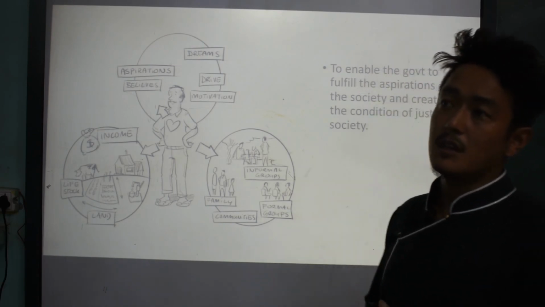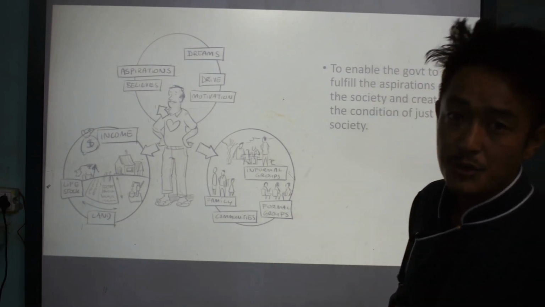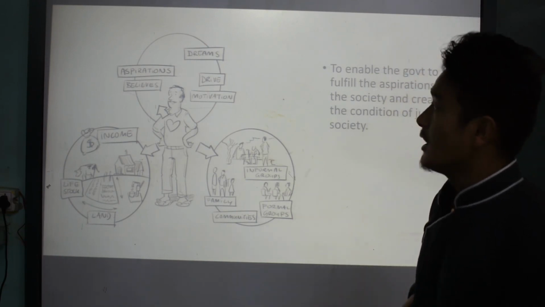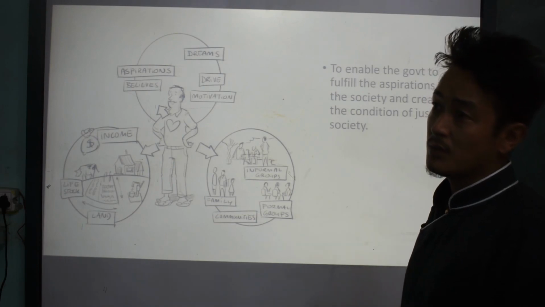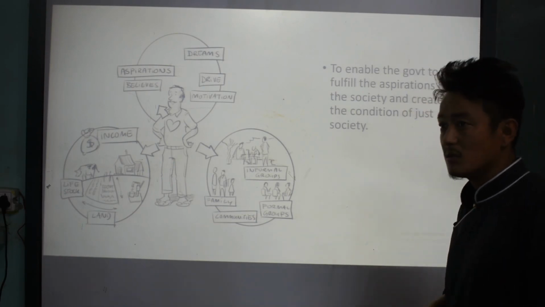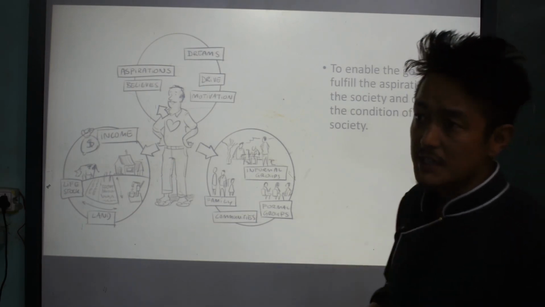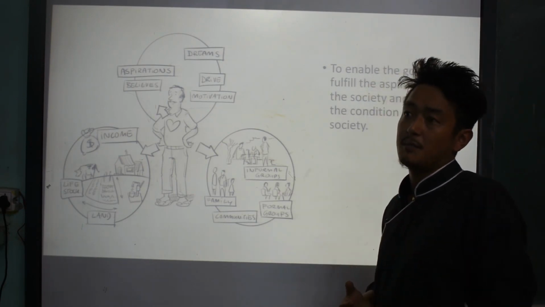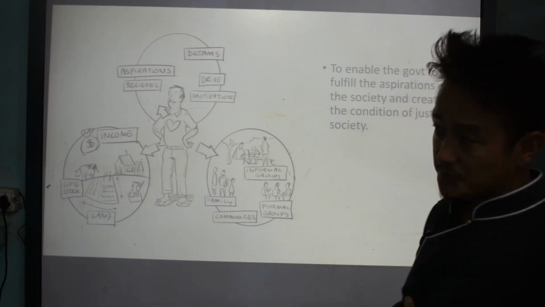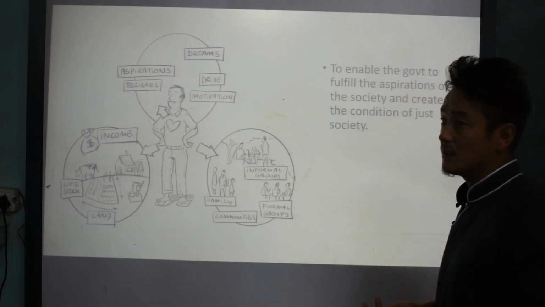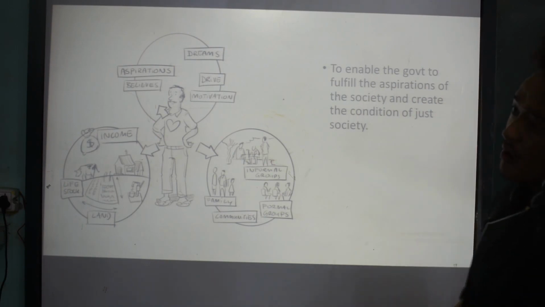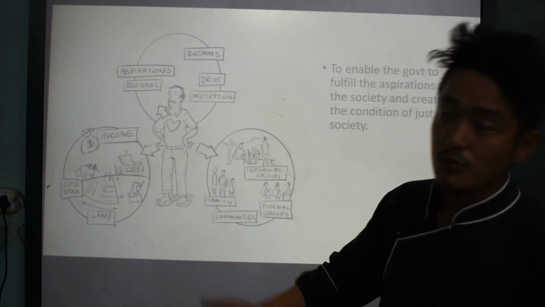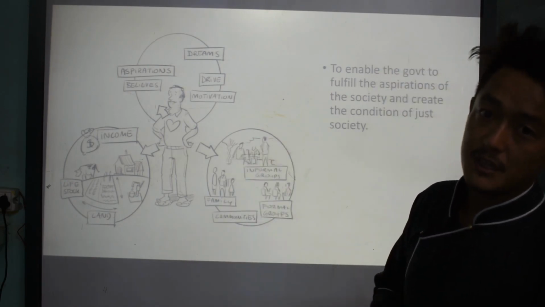Caste problems have been a very big issue throughout the history of India, and it is still one of the major problems. So nowadays, most people's aspiration is to abolish the caste system. So it is the government's duty to take the necessary steps to fulfill those aspirations of the society.